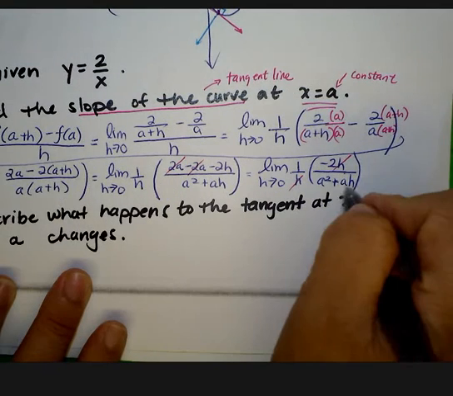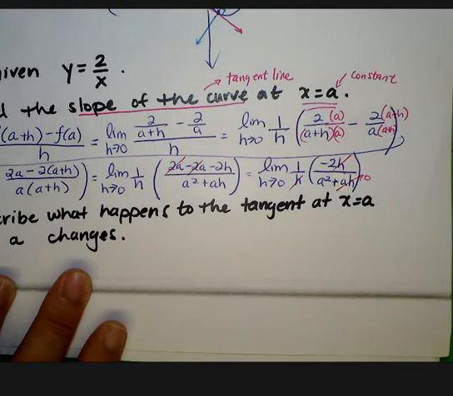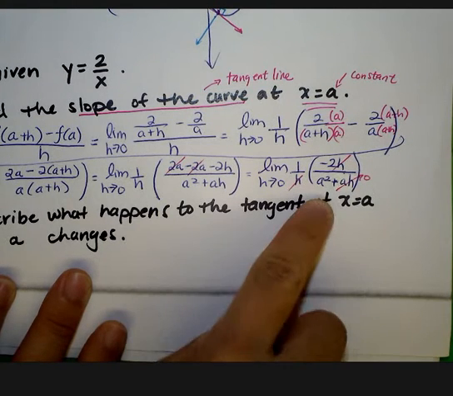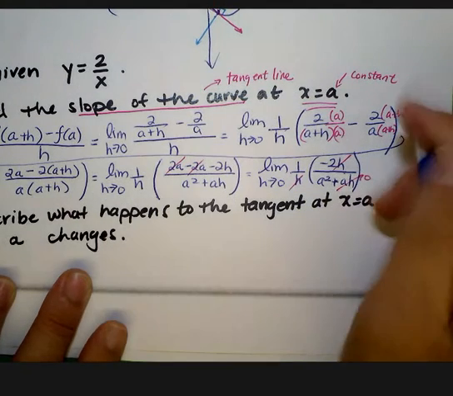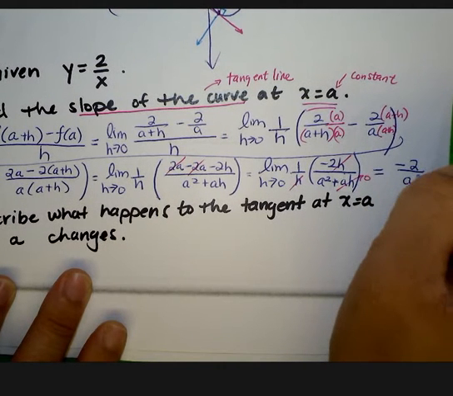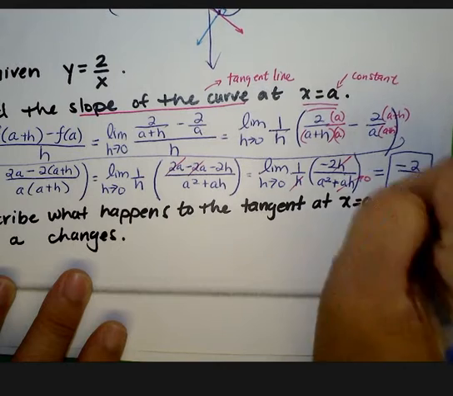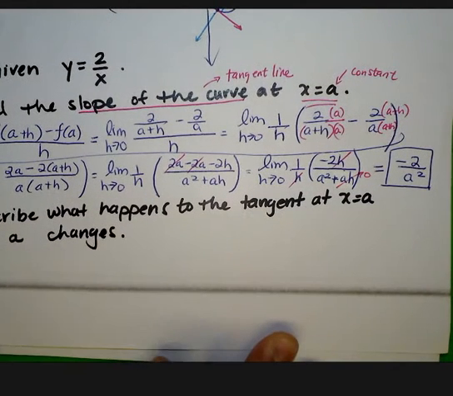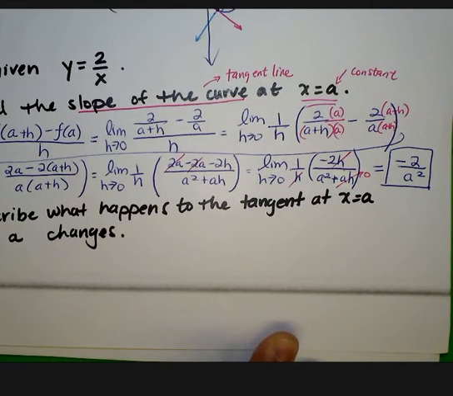Yes, this whole thing will go to 0. But that's okay because that's not the only thing in my denominator. So now I don't have to write the limit anymore. It's going to be negative 2 over a squared. The goal is to get it so that you can substitute h equals 0 without making your denominator go to 0.